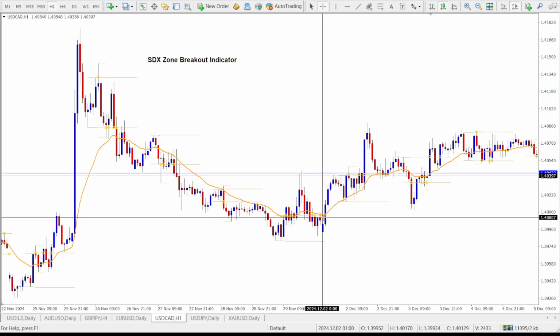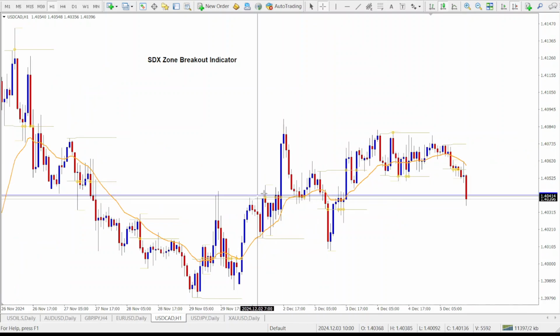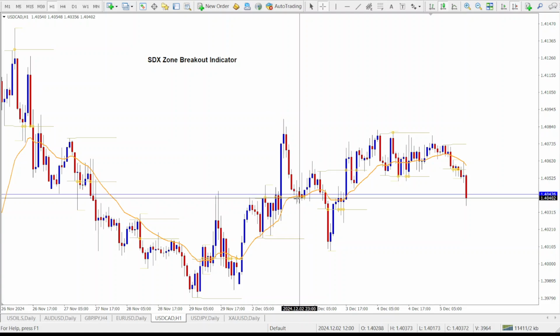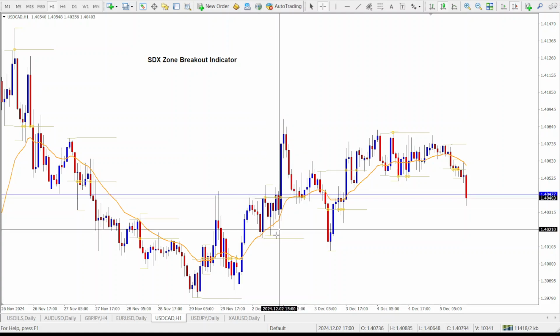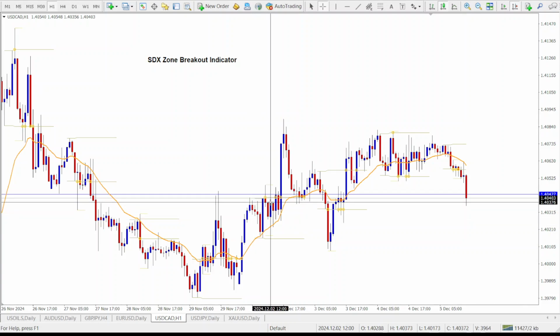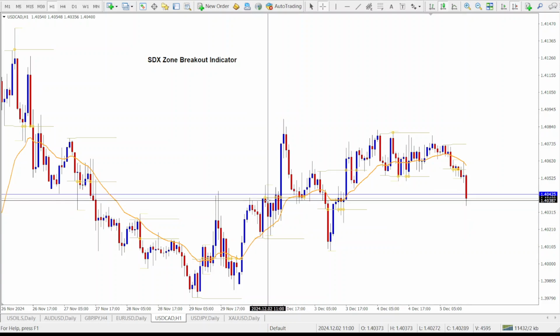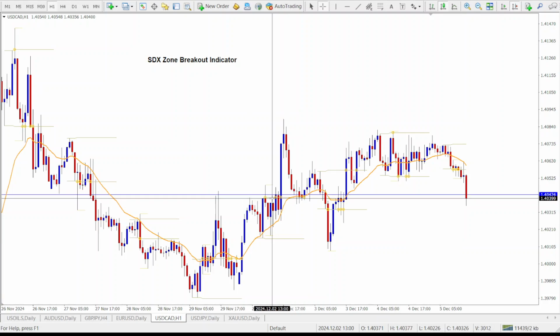Now, after entering a buy, the SDX Zone Breakout Indicator gave us another signal of a resistance. So if you had entered a buy here, that would have been a good place to exit your buy because the indicator showed a resistance.